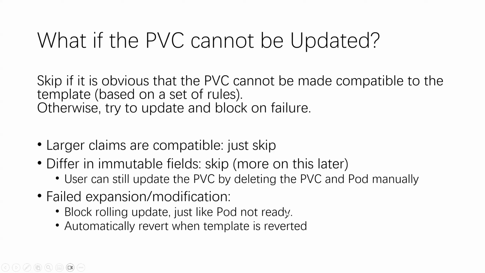So we wait for the user to decide what to do. And if possible, we should automatically revert to the previous state if the template is reverted. This can be done just by kubectl rollout undo, hopefully. But this also depends on some alpha features, so maybe it is not possible, but we will try our best.